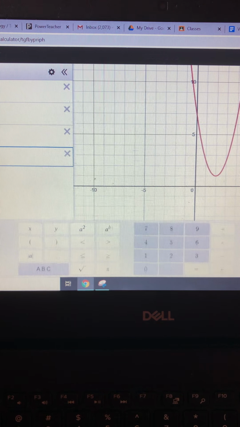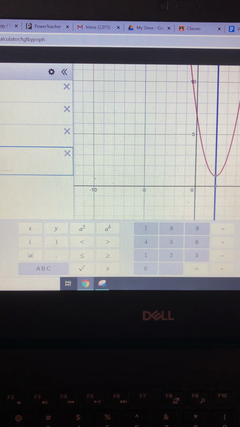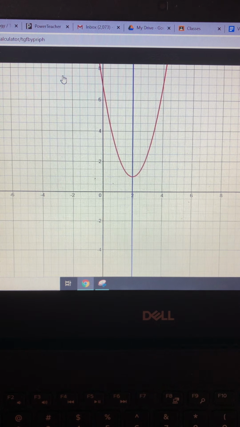If I were to type in here x equals 2 as our axis of symmetry, what you will notice is that vertical line, x equals 2, is in fact the axis of symmetry. It becomes this nice line of reflection for our parabola. And if I were to select the vertex down here, the vertex of the parabola is in fact the point (2, 1). So the conclusions that we made by looking at the formula are exactly describing the characteristics of the graph.